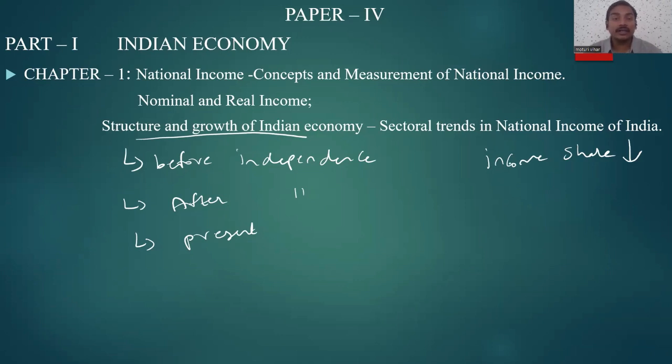So this is important. It's not that income is decreased, but income share is decreased. We are not talking that agriculture income is reduced. No, we are saying that the share of agriculture in the Indian economy is decreased gradually. Its importance is not decreased. Its income is not decreased, but the share of agriculture in our income is decreased.